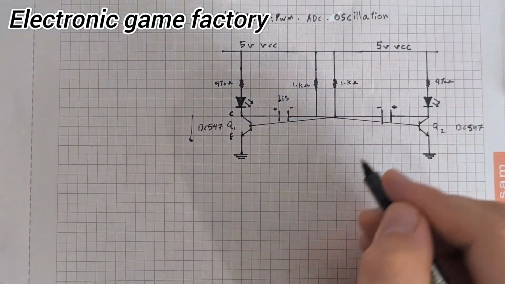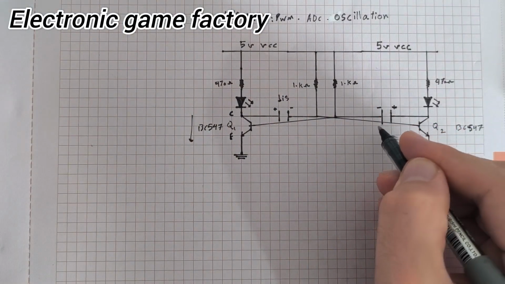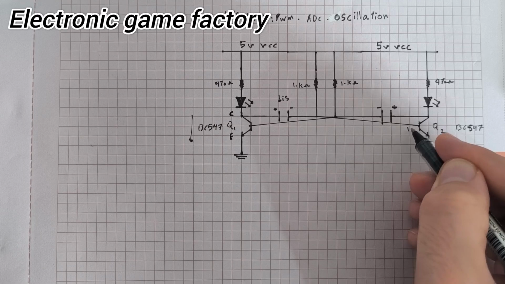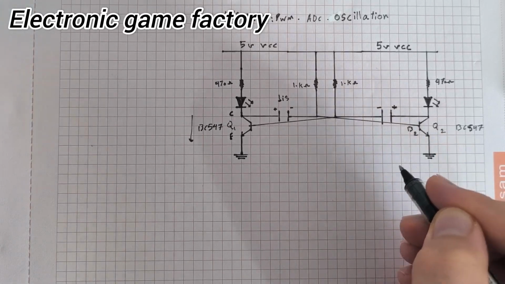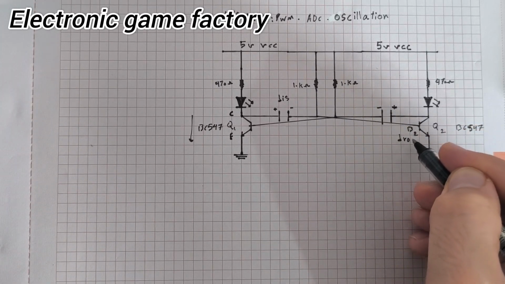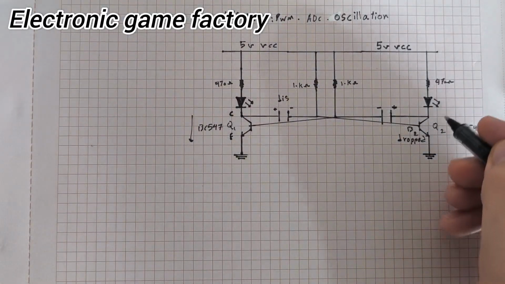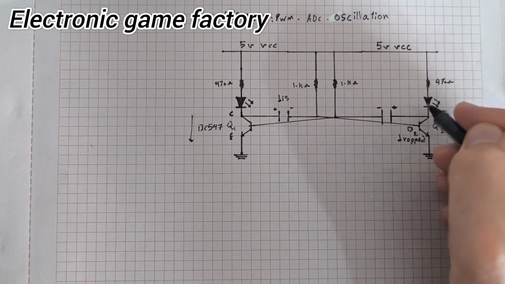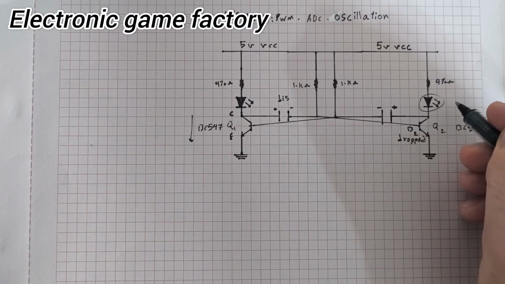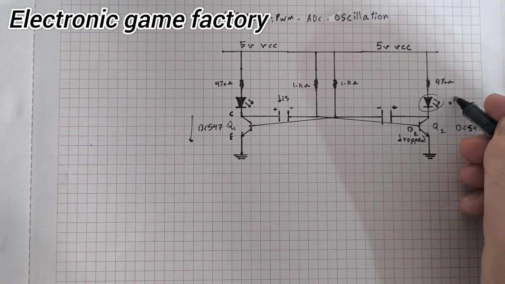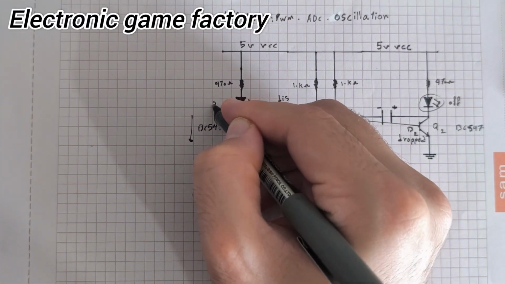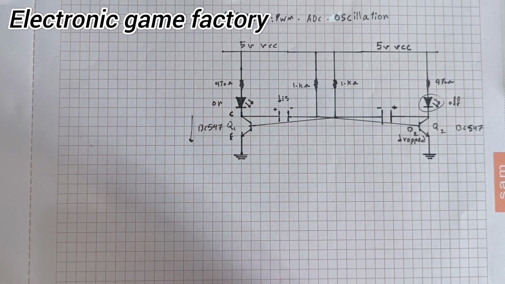So in this way, the voltage here, B2, will be dropped. So in this way, this LED will be off and this one is on.